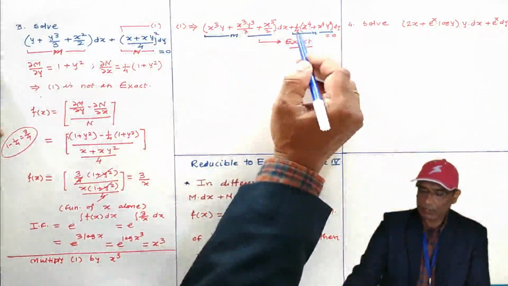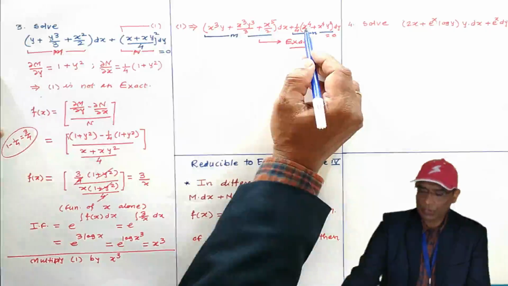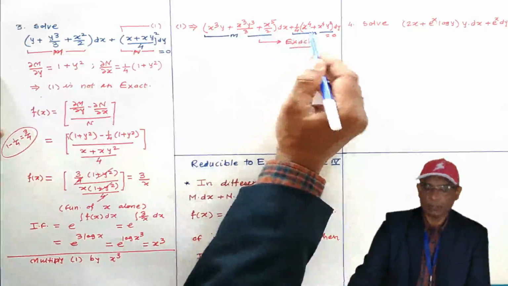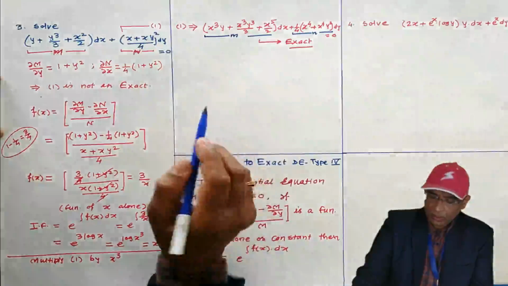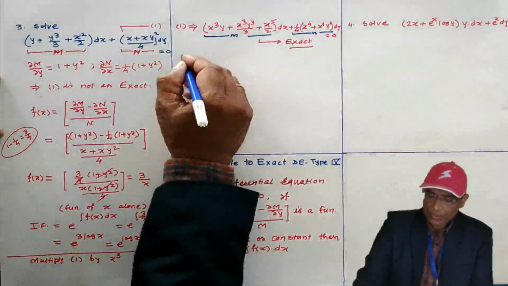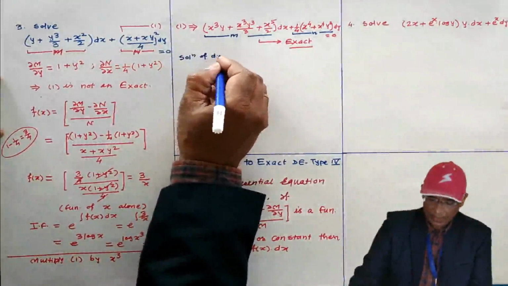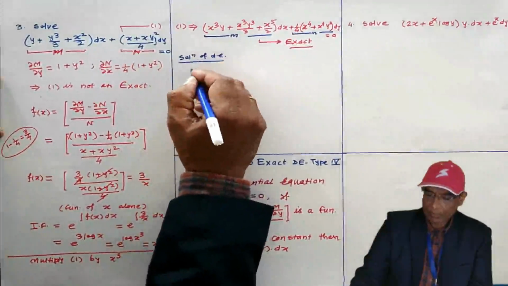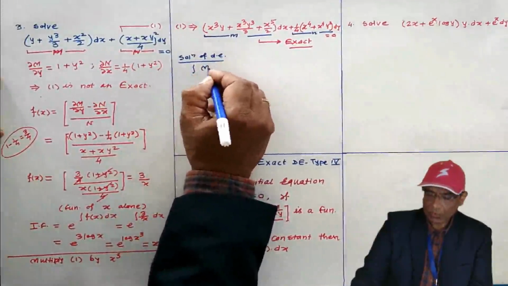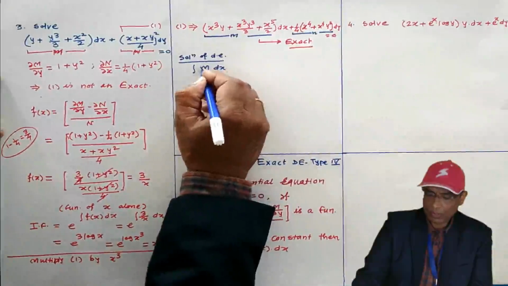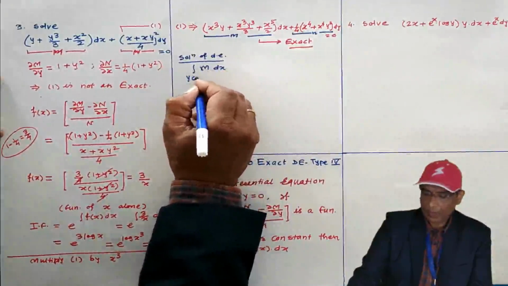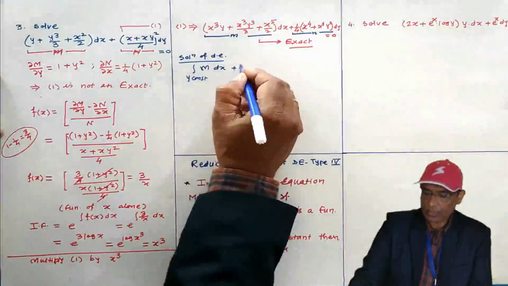The derivative of this is 4x cube. Is del m by del y equal to del n by del x? Now, how to write the solution of the differential equation? Integral of m with respect to x, keeping y constant, and the terms in n which are free from x.